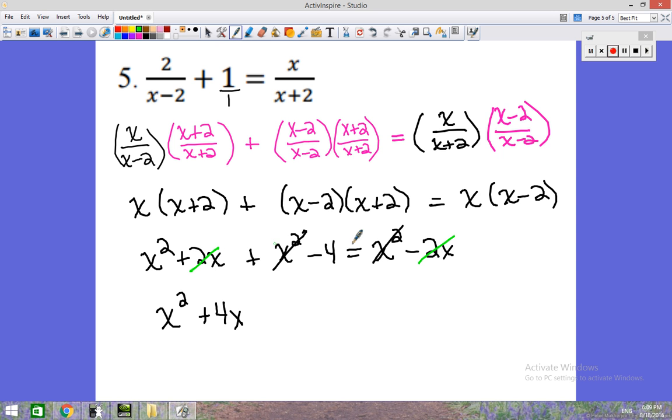Well, they would cancel if they're on the same side of the equation, but on opposite sides of the equation, they have to be the same to cancel. So, if I add 2x here, yeah, these guys cancel because they're equal and opposite. I've got to add 2x here, and I get 4x over here. So be careful. Don't be cancel crazy.